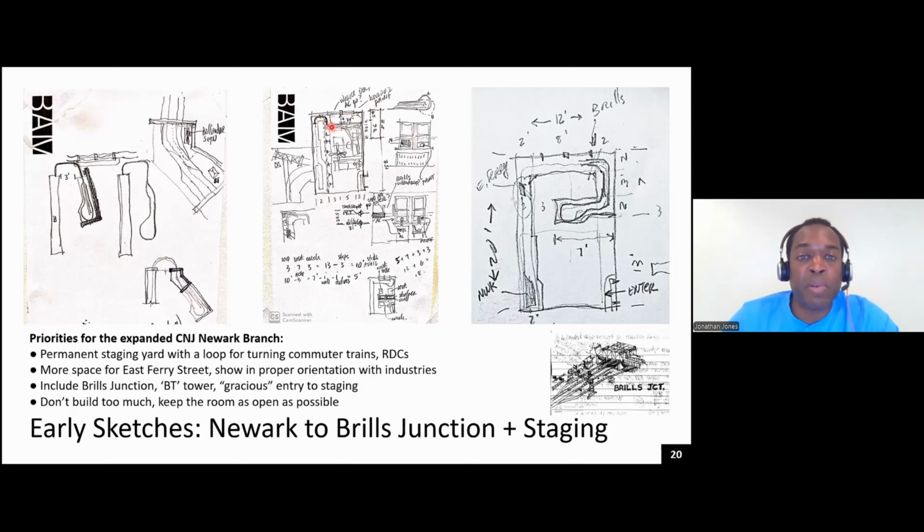You'll see more of the same up here. This bend with the link to the staging yard is still left over from here and here. I'm trying to avoid the window with a space of about 2 feet, and then trying to figure out which way that loop should turn. Should it turn this way or should it turn that way?